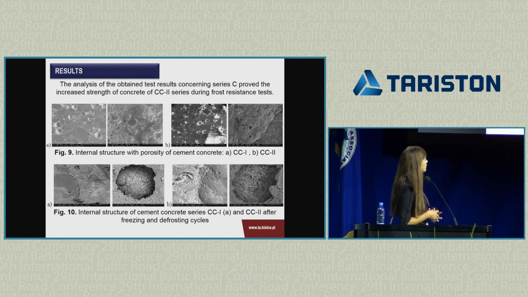The analysis of the obtained test results concerning series C shows the increased strength of concrete of the CC2 series during the frost resistance test.